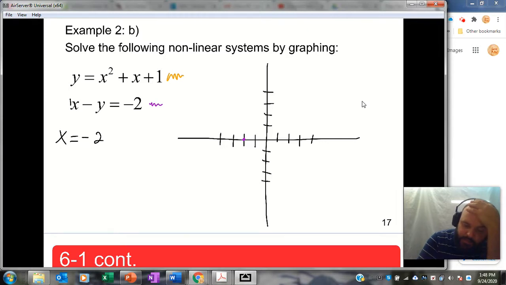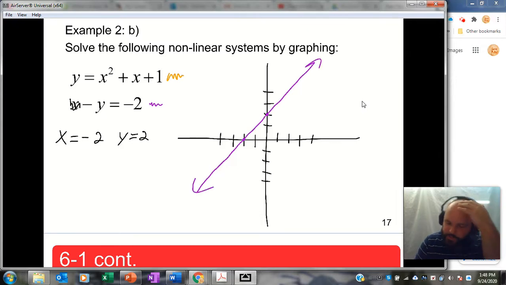You can see that I'm left with -y equals -2, which would mean when you divide both sides by -1, y is 2. And so now that I know y is 2, I'm going to put a dot on there, and then I'm going to draw my line as straight as I possibly can, given the circumstances of how I'm drawing on an iPad freehand. And there's our graph of x minus y equals -2.